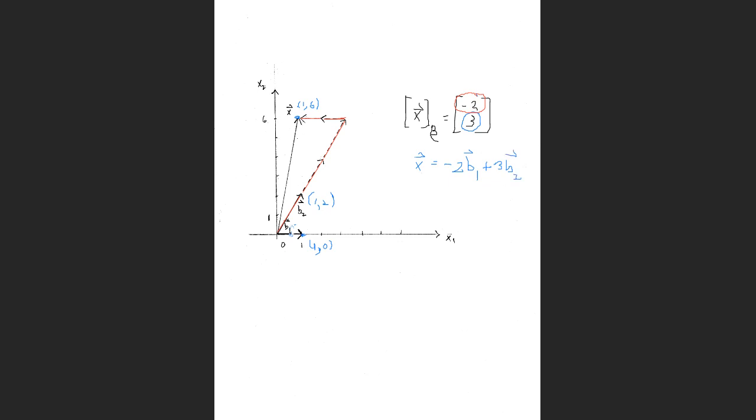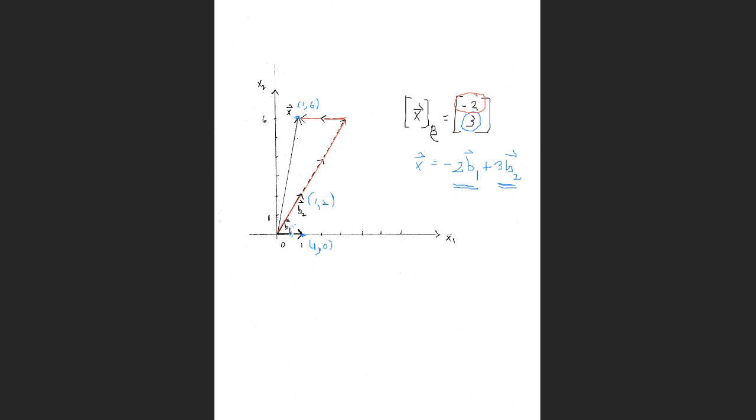But what I did was, I could have done this several ways. I chose to do the 3B2 first and then add the -2B1. But I could have done -2B1 first. If I'd done that, let me show you how that would go.